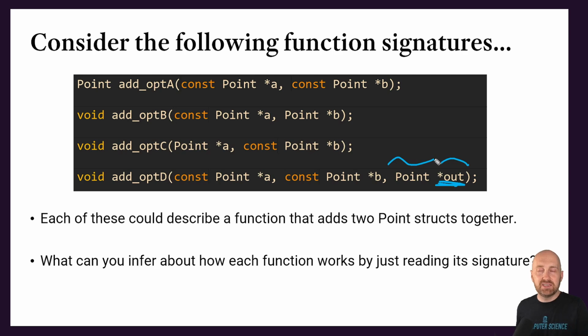And what this function declaration is implying to you is that it's actually going to use that memory address to write the results of this operation, to add A and B and store the resulting point addition into this third parameter named out. Oftentimes you'll hear this called an out parameter because it's a means for returning, in a way, a result.